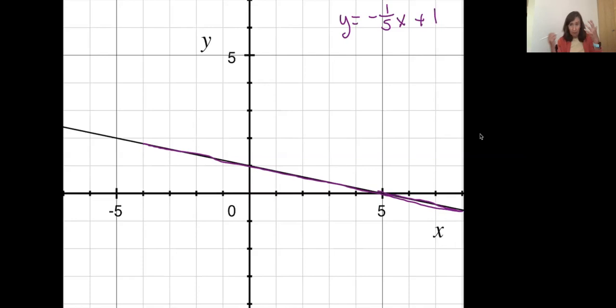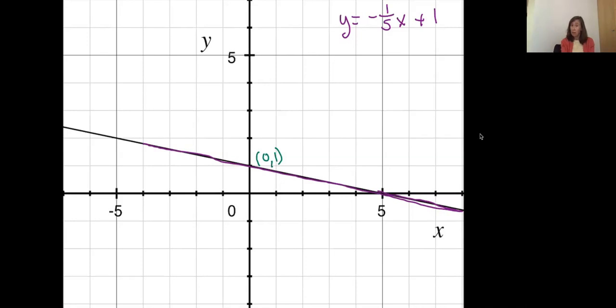I'm asserting that, but you don't have to believe me. Let's check. b equals 1 is saying that when x equals 0, this whole term equals 0, so we just have y equals 1. And indeed, when x is 0, y does equal 1. So good. We've got x equals 0 and y equals 1 as a point on this line.